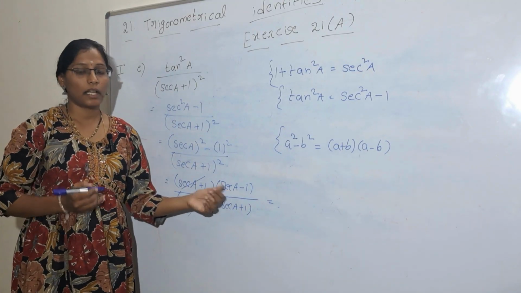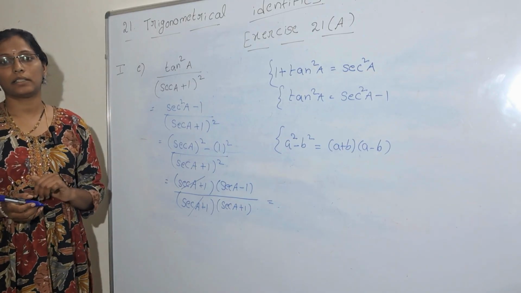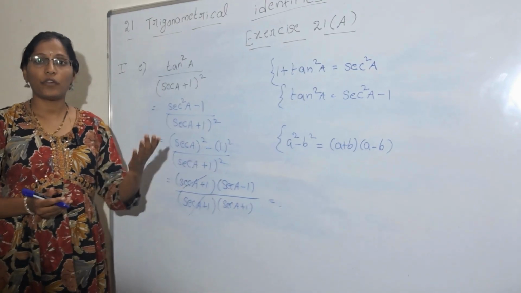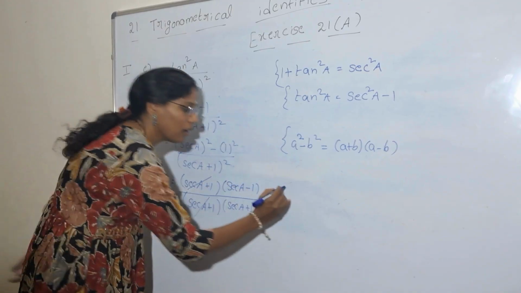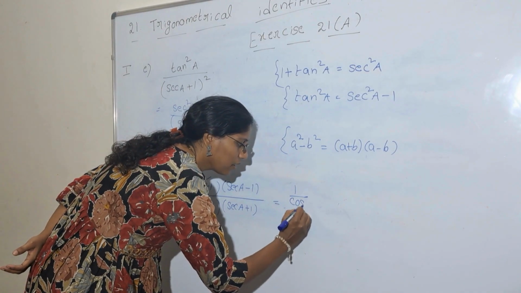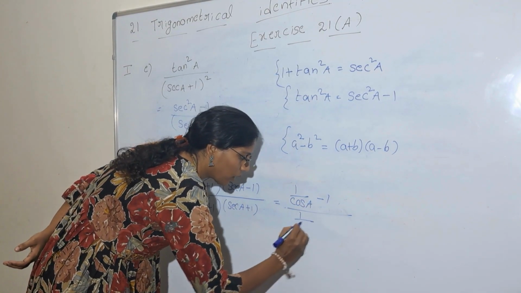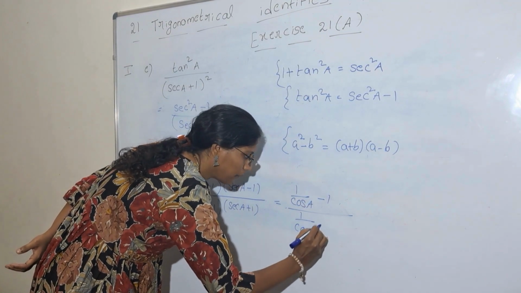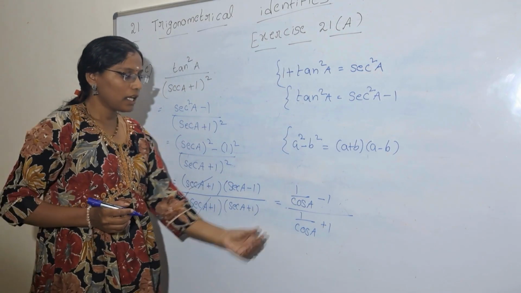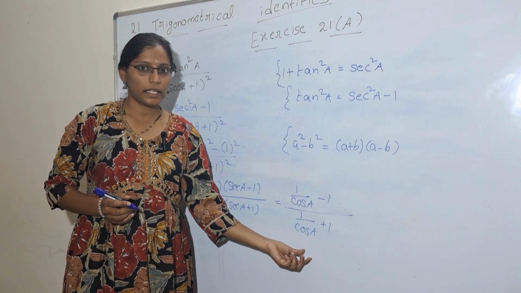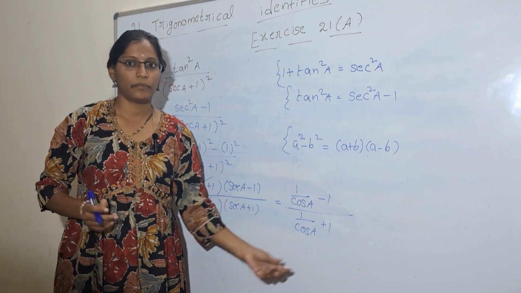Here secant A, cos and secant are reciprocals. So secant A is equal to 1 by cos A we can write. 1 by cos A minus 1 by 1 by cos A plus 1. Here numerator LCM and denominator LCM we have to take.